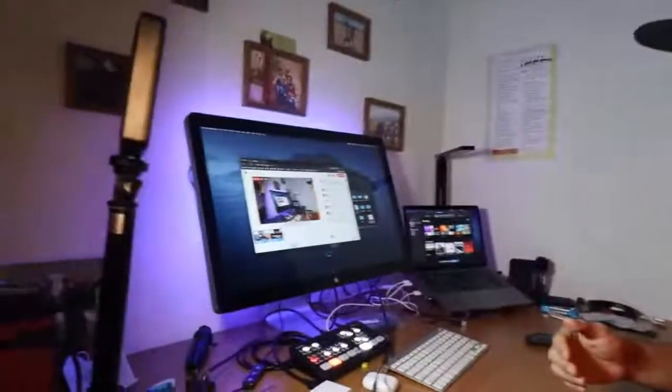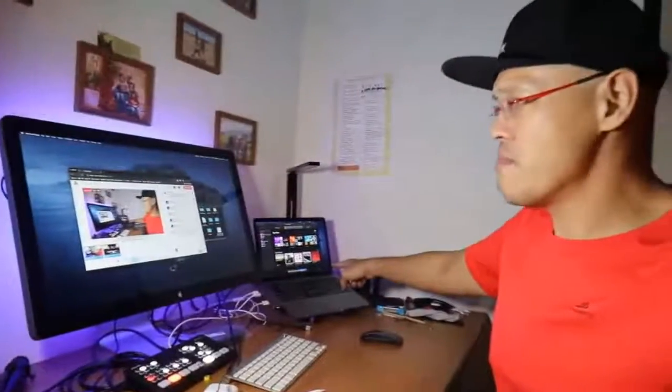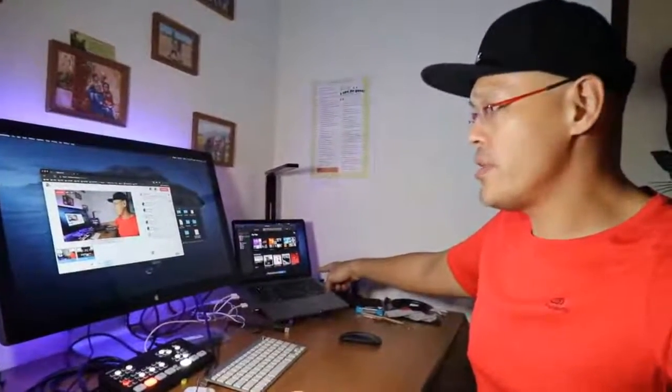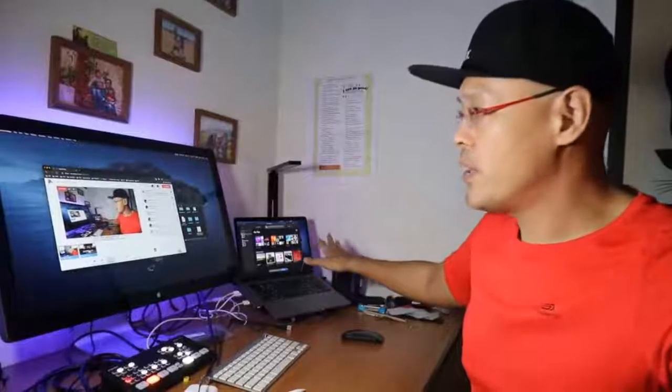Okay, so like I said, this is a really simple setup. I just want to give you a rundown of the setup. What I have here, if I could show you briefly, is the 13-inch MacBook Pro, which is kind of like the main brain for this entire setup.